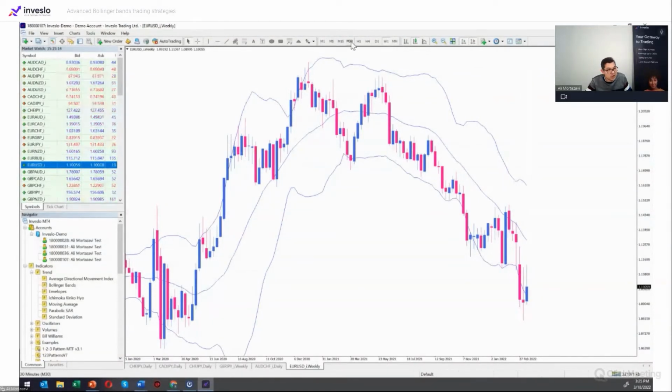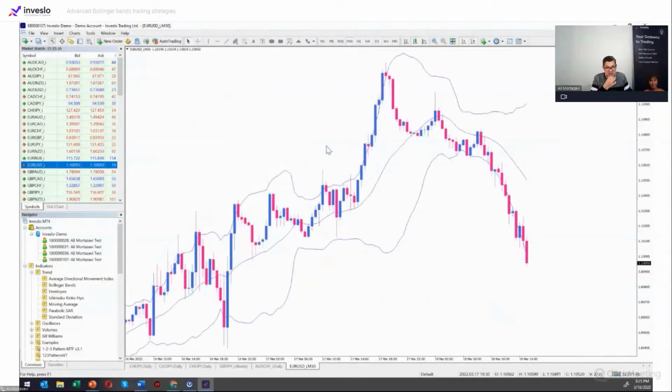If I go to the lower time frame, you see prices are relatively low and making lower lows along with the lower band of the Bollinger Bands. It means the bearish sentiment is totally overcome, and the sellers are controlling the market along the time. This is the way that we can interpret the price action using the Bollinger Bands.